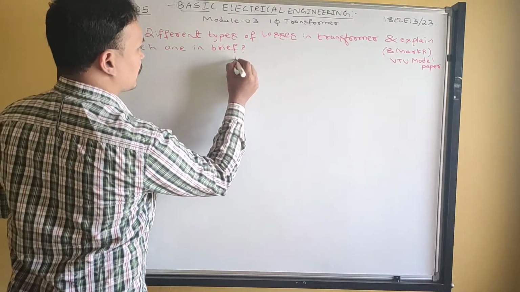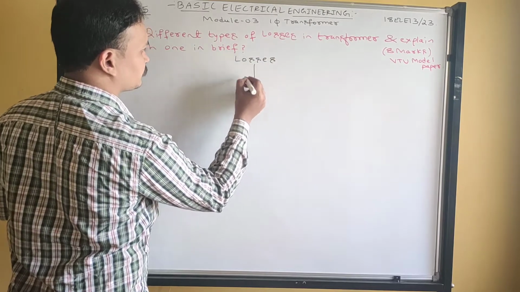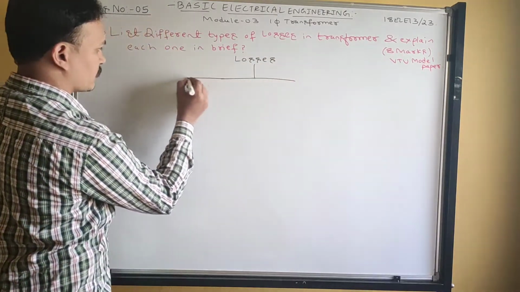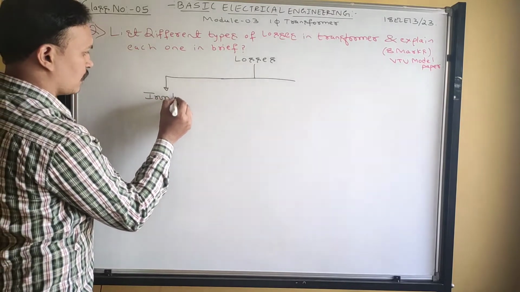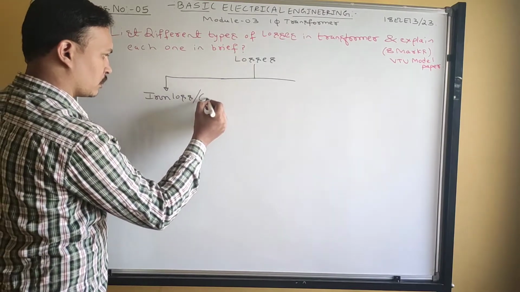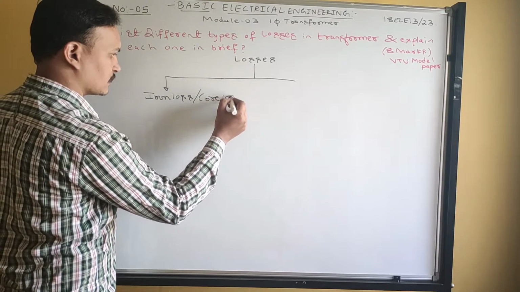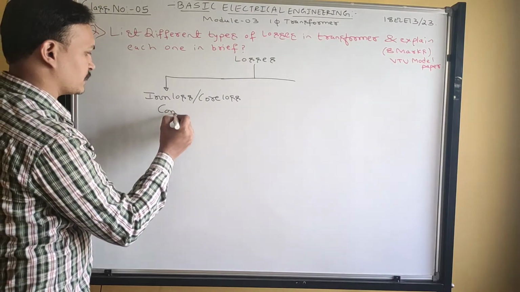See, losses in a transformer are classified into 2 types. One is called iron loss. It is also called core loss, and another name is constant loss.